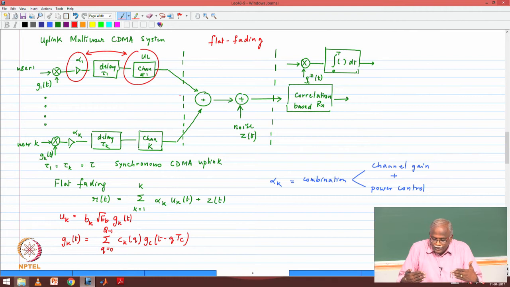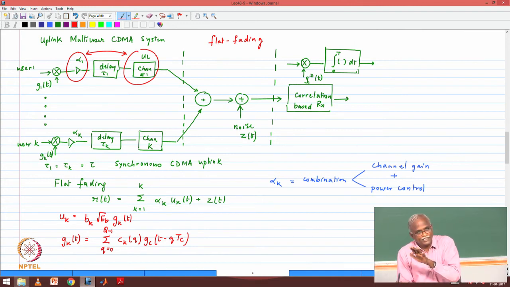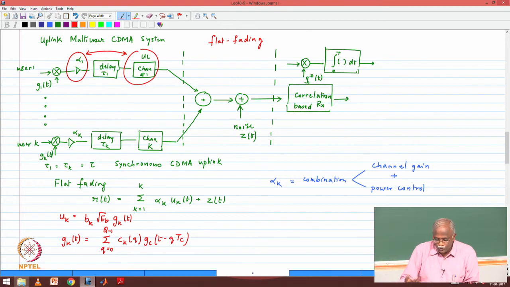Now each of the users transmits their signal, and the signal encounters this channel. At the base station, I am listening to all the signals, because all of them are using the same frequency. So in other words, in the channel, these different multi-user signals get combined. So this is what is my channel.